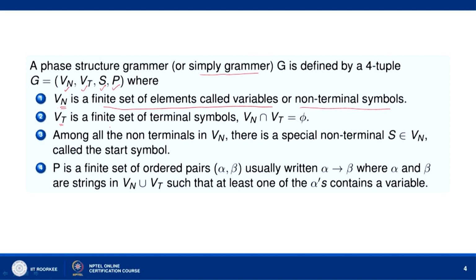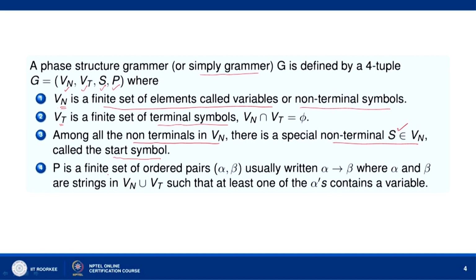So, Bt is a finite set of terminal symbols and clearly the intersection of Bn and Bt should be phi, because Bn consists of non-terminal symbols and Bt consists of terminal symbols. Among all the non-terminal symbols in Bn, there is a special non-terminal, we denote it by S. It is called the start symbol.